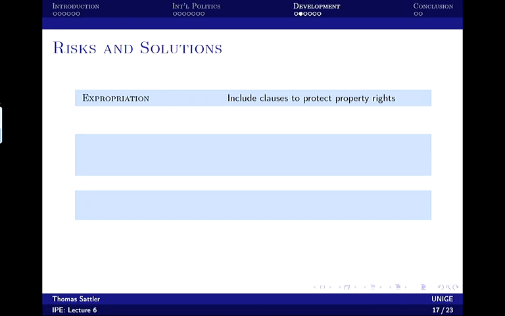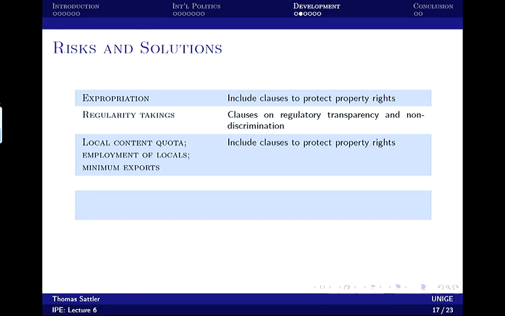So this is essentially about investment and not about trade, right? Another problem is regulatory taking, which is simply regulations that limit the use of your private property, for instance, through regulations on the employment of locals, local content quotas, and so on. So again, you include clauses in the preferential trade agreement to protect property rights.